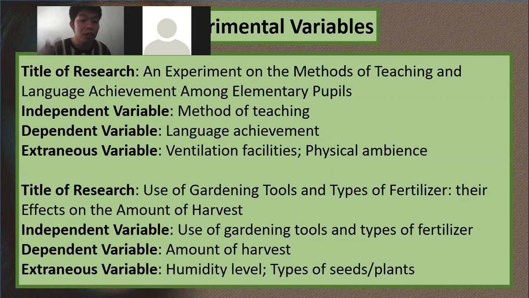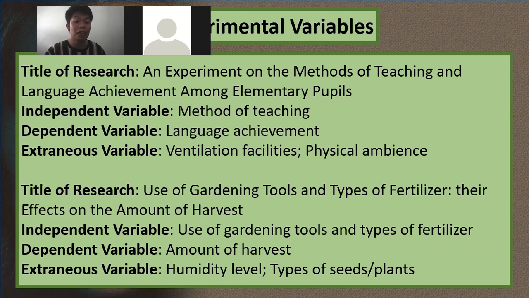But we have to consider that there are other factors that can affect the language achievement of the elementary pupils. That's why we have what we call extraneous variables, meaning these are the variables that are outside of your study, but can actually affect in the real life situation.